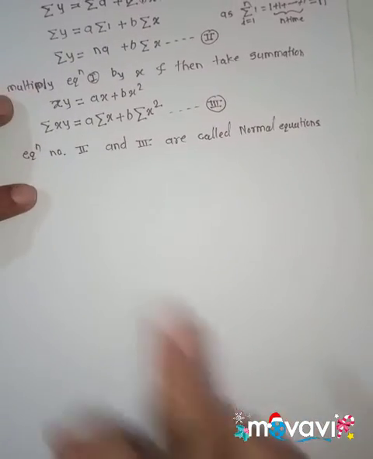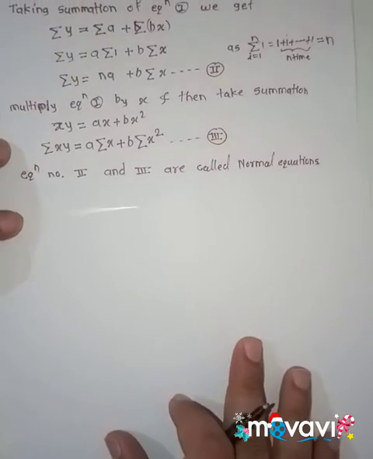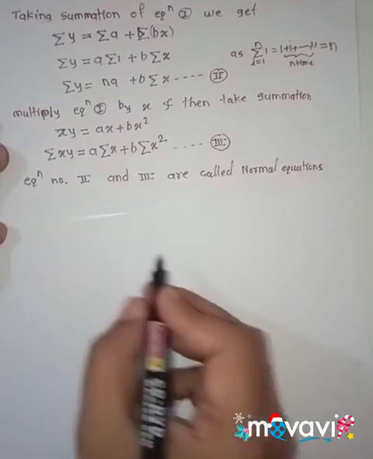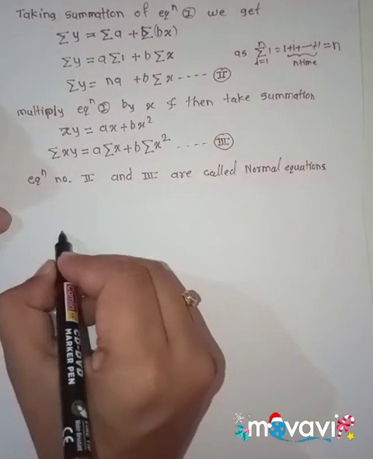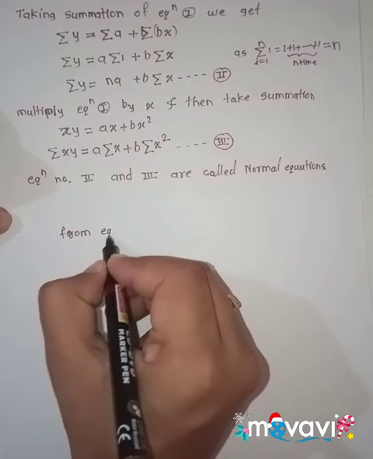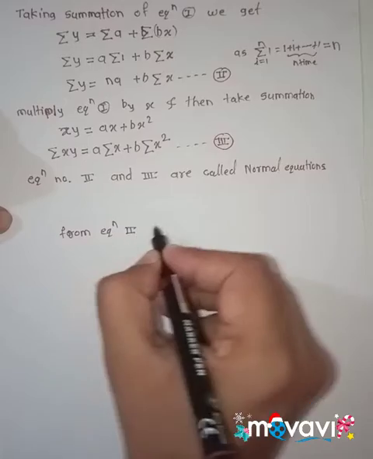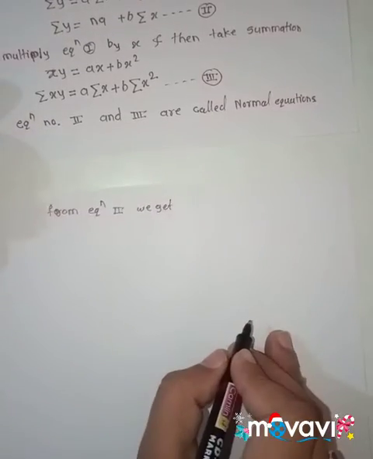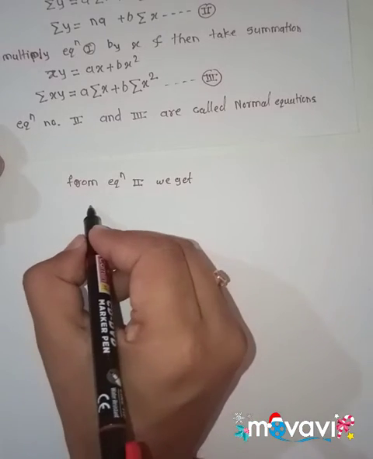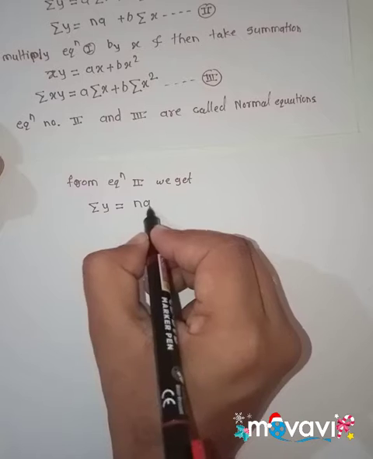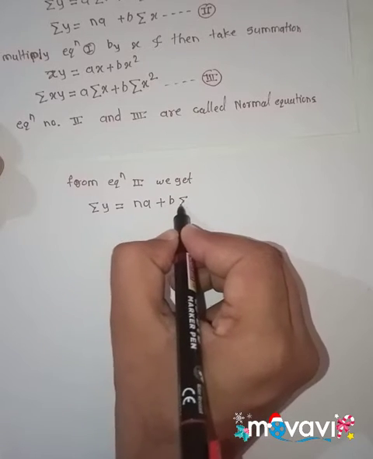So for this, first we take equation number 2. From equation number 2 we get summation y is na plus b summation x.